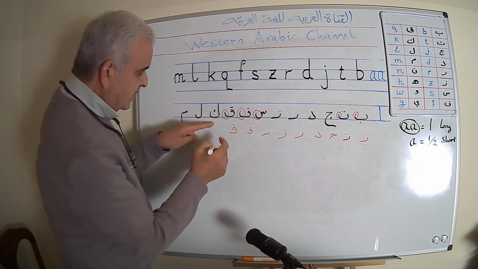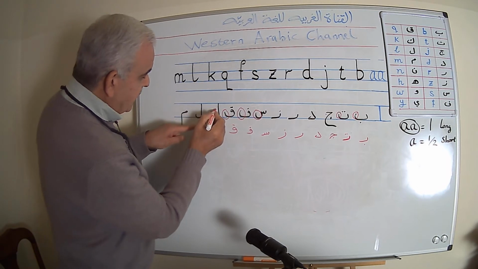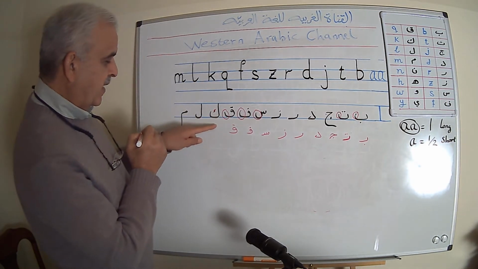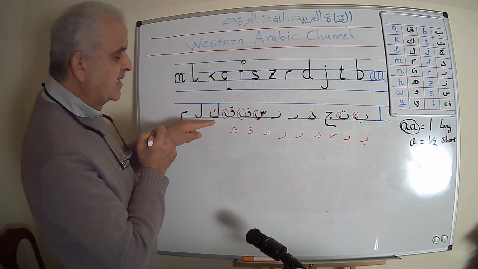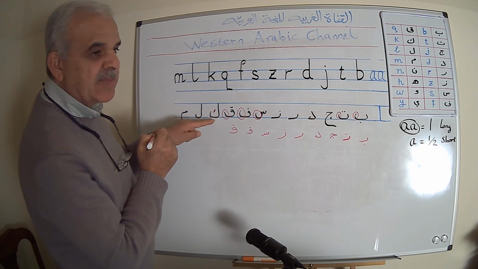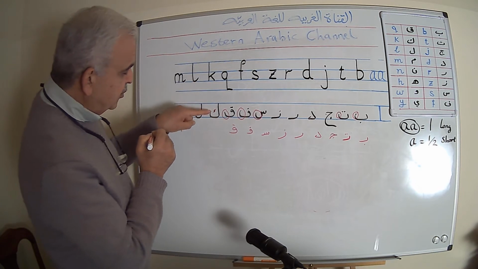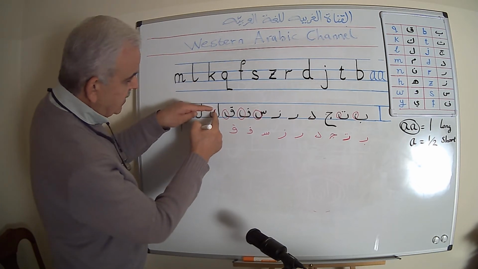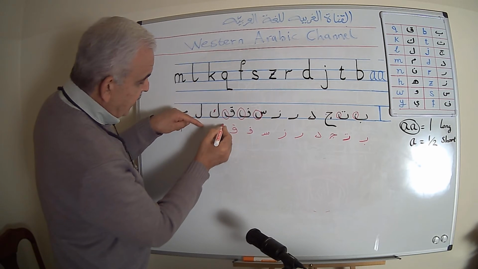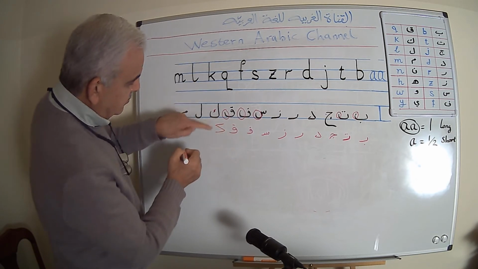The ka, if you look here, there is a small ka here. Okay, this is the end, but if it comes at the beginning or in the middle of the word, all the shape drops and this one replaces the whole thing like this. This one becomes big.